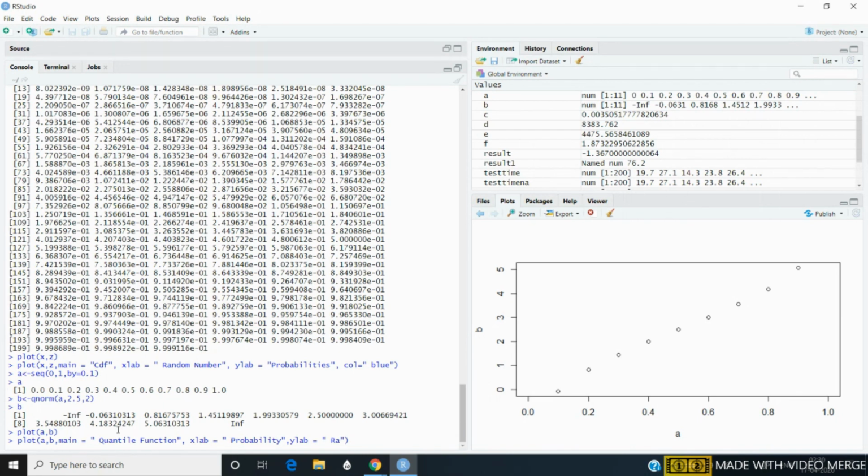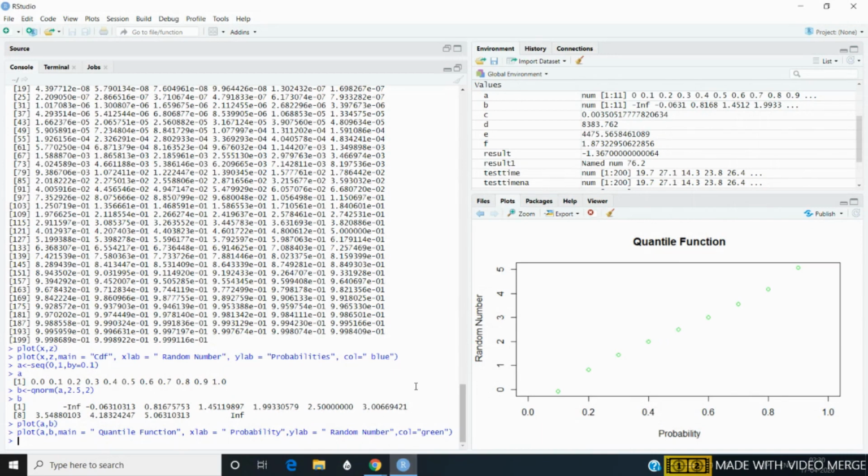So I will write random number. Okay, and color this time it would be, sorry, green. Okay, so this is very common.